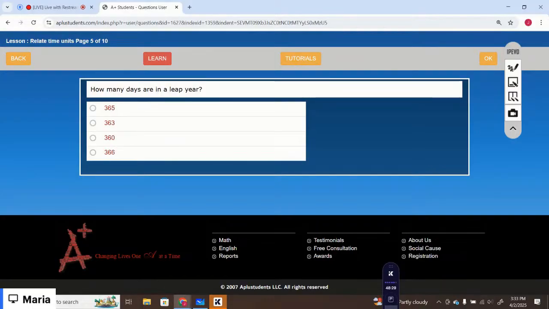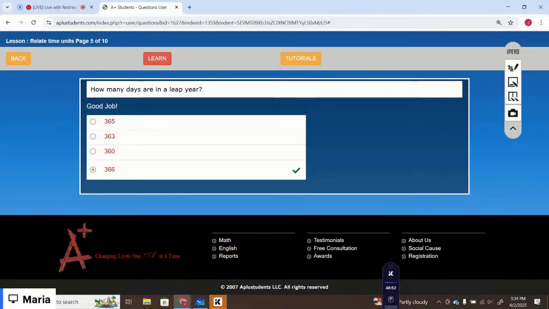How many days are in a leap year? So in a leap year, there are 366 days. The first option is the correct option.